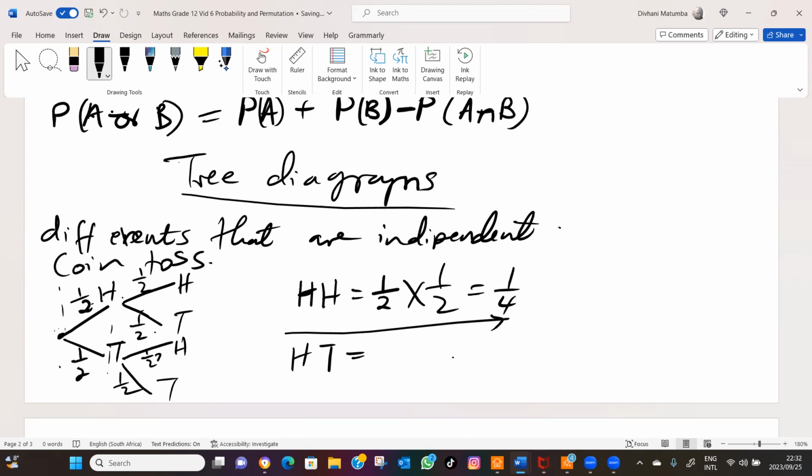So this is the branch. It will be 1/2 times 1/2. This is where it ends.